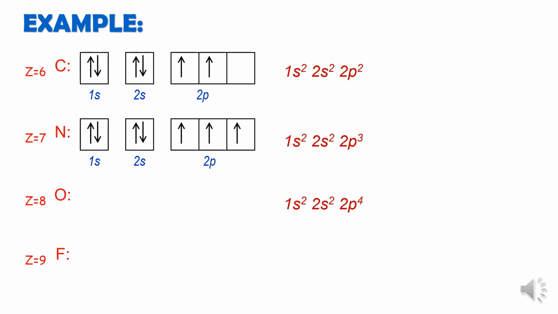Oxygen, proton number equals to 8. The electronic configuration is 1s2, 2s2, 2p4.